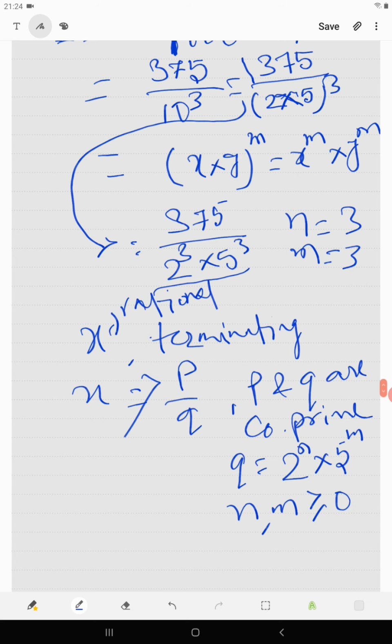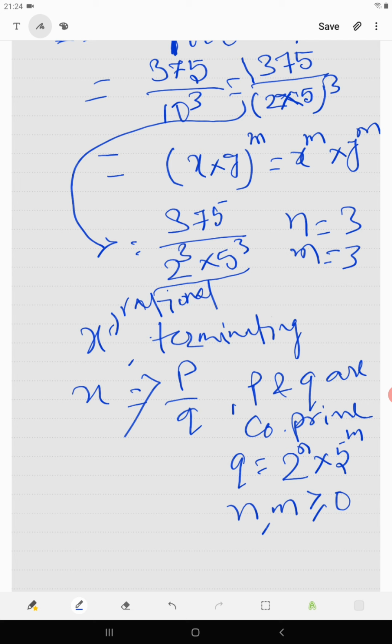That means it should be greater than or equal to 0. I have already explained how to do that in the previous terminating topics.